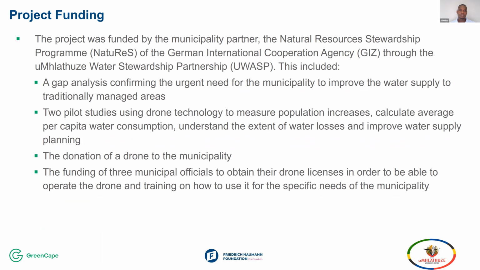The project funding was through the partnership with the Natural Resources Stewardship Program, which is NATURES, supported by German International Cooperation Agency, GIZ, together with the uMhlathuze Water Stewardship Partnership, the EUWASP.